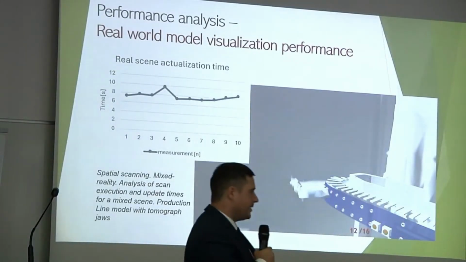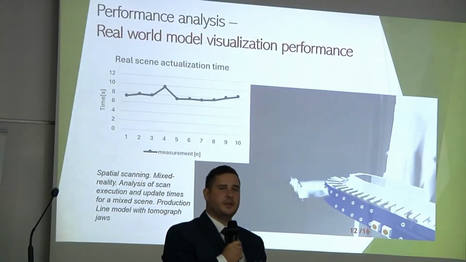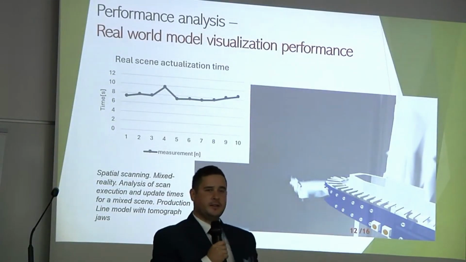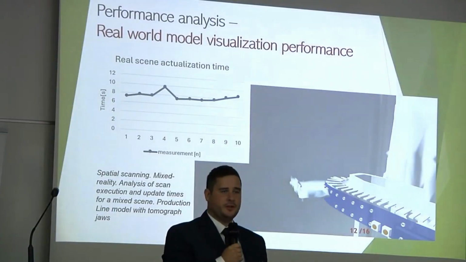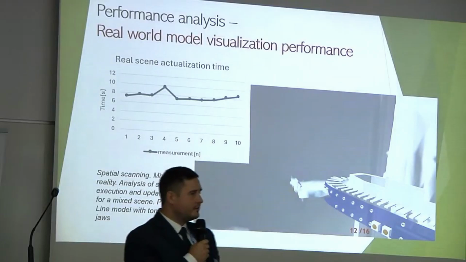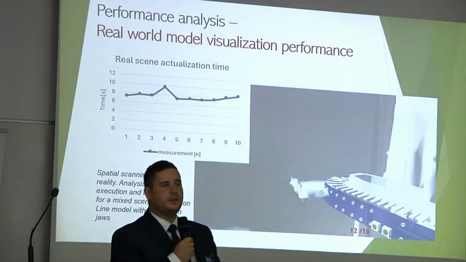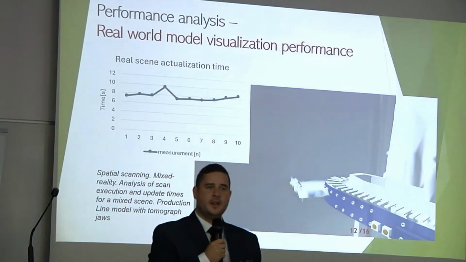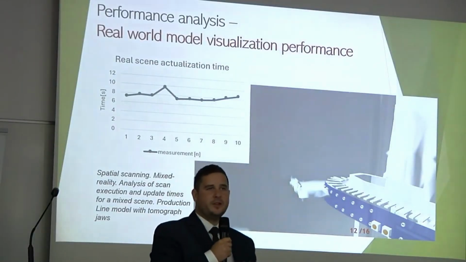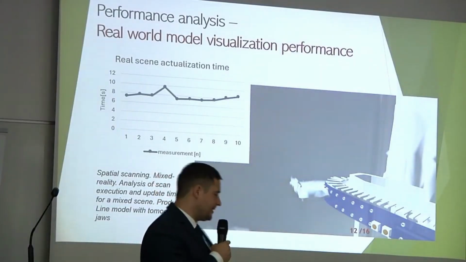When we're talking about mixed reality, mixed reality allows to scan the real space and model it. So the device uses photogrammetry to measure the environment and prepare the model of this real environment, and we can acquire this model and visualize it in the HoloLens.